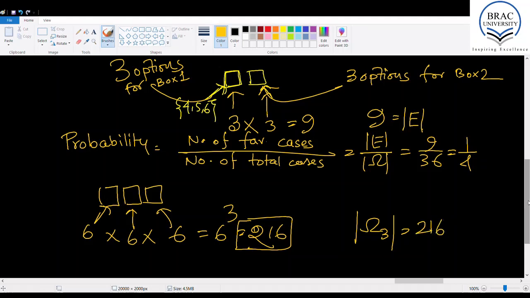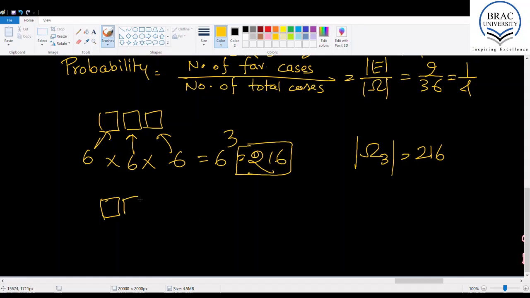Similarly, you have been asked to fill up all these boxes with numbers greater than 3, and those shouldn't exceed 6. So 3 options for the first box, 3 for the second, and 3 for the last.